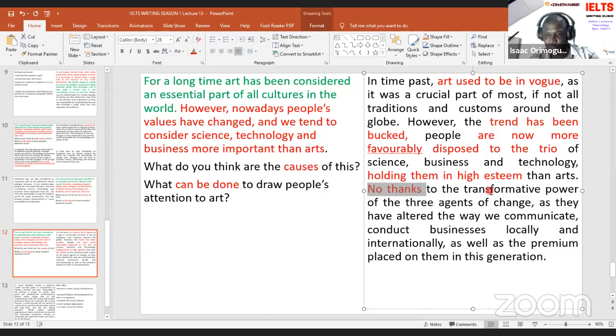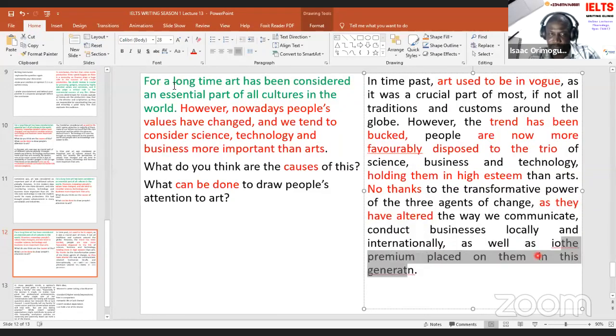No thanks to the transformative power of the three agents of change, as they have altered the way we communicate, conduct business locally, as well as the premium. These are the three factors placed, sorry, I missed them.